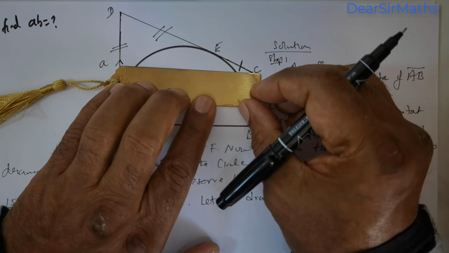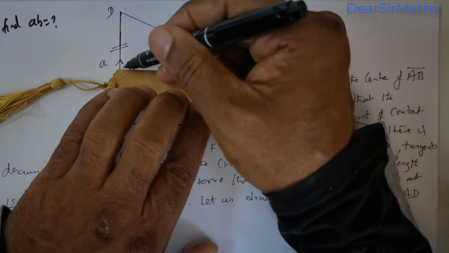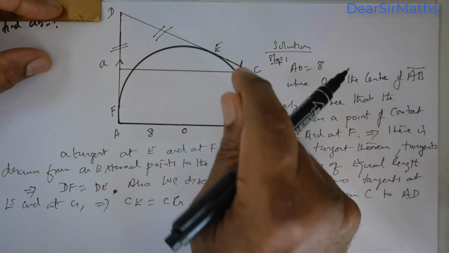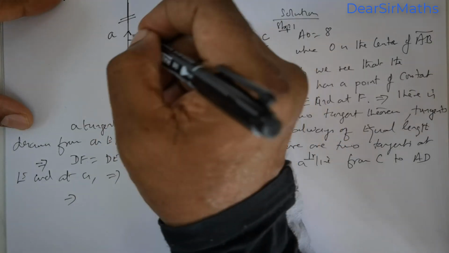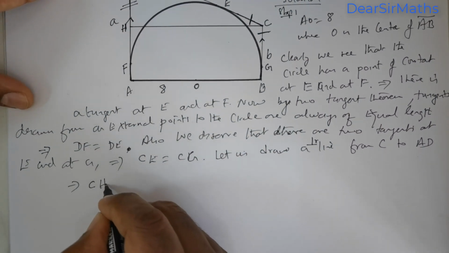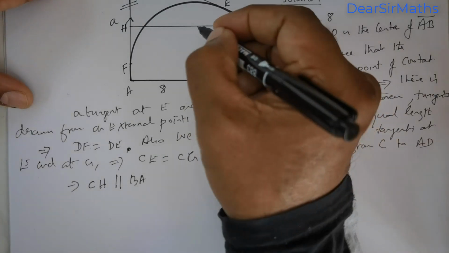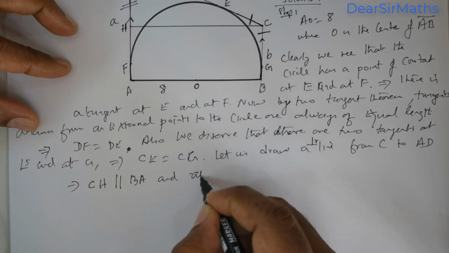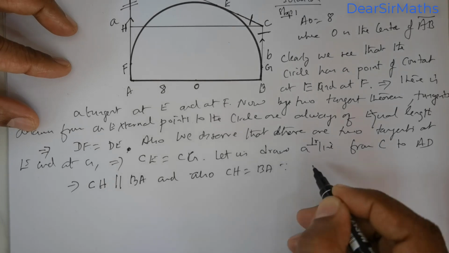From C I am drawing a perpendicular line, taking the foot as H, such that CH is parallel to BA and also CH is equal to BA.